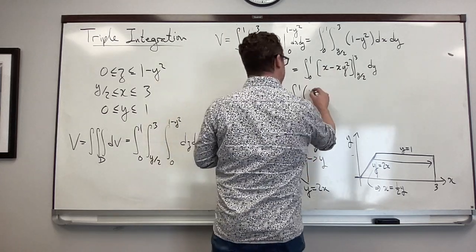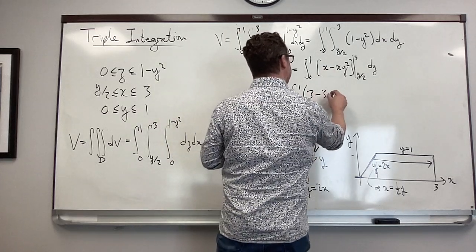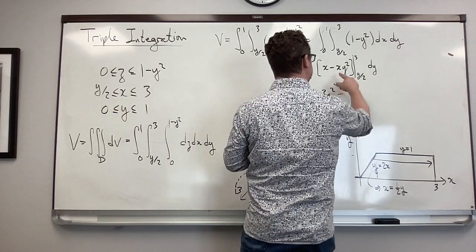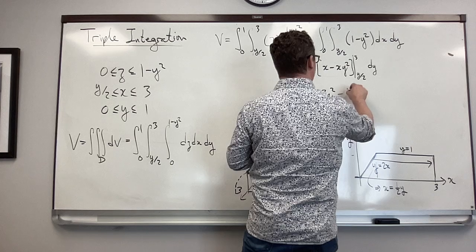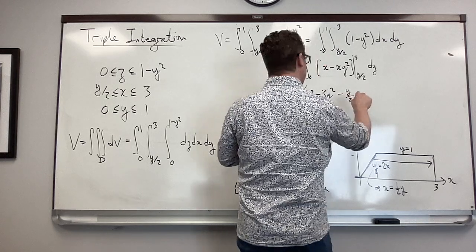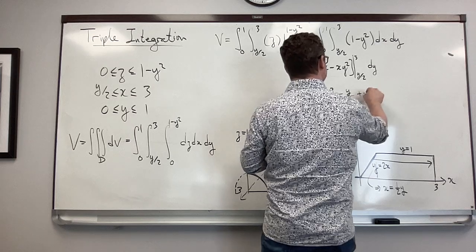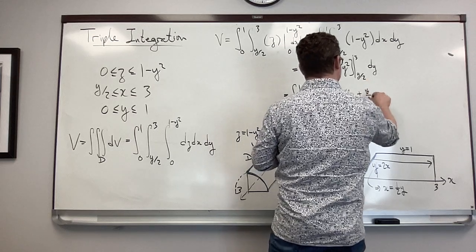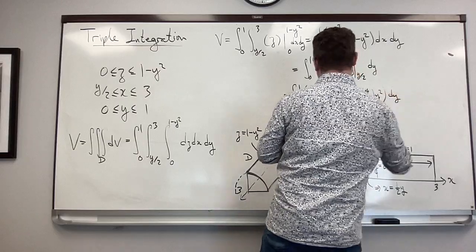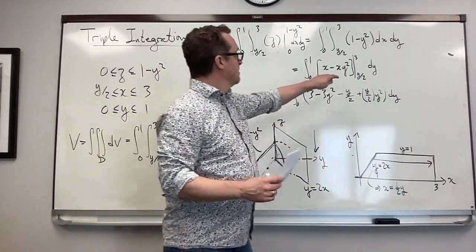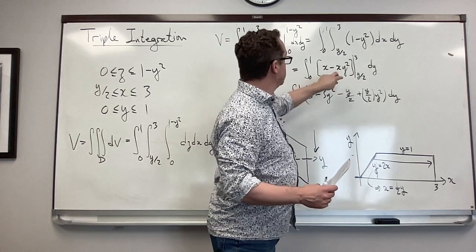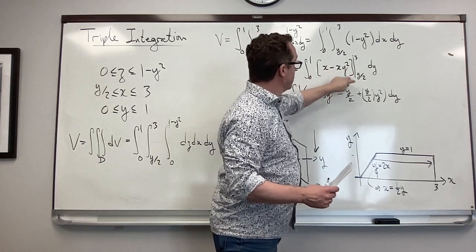So we have 3 minus 3y squared, minus y over 2 minus y over 2 times y squared. So 3x minus 3y squared minus y over 2 minus y over 2 y squared.